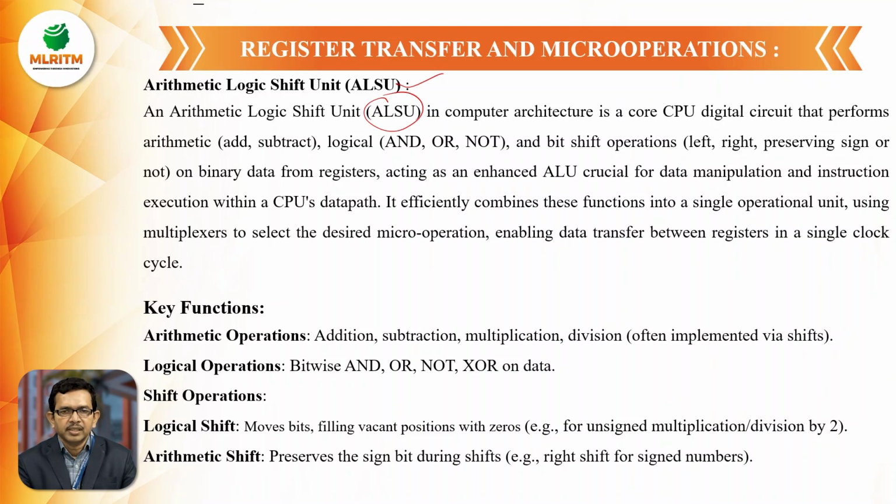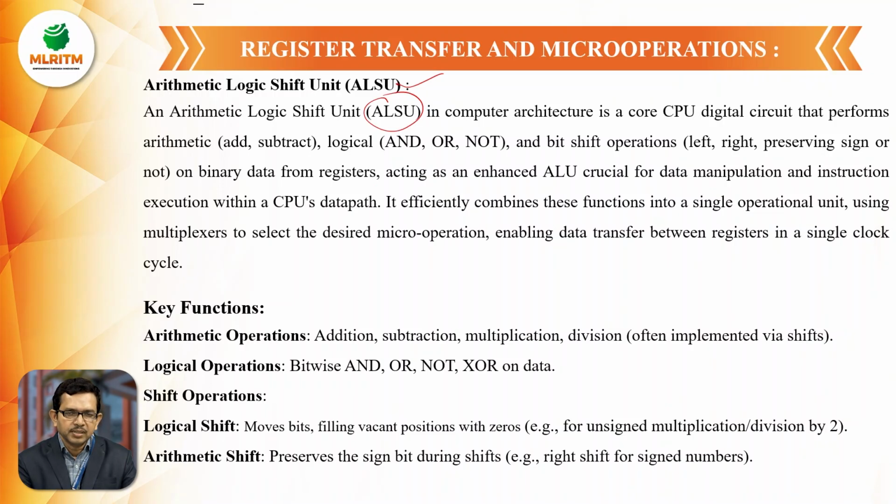When this ALSU gives us the output properly, only then is the output applied to the digital components. It is the digital circuit that performs arithmetic add and subtract, logical AND or NOT, and shift operations, left shift and right shift, on binary data in registers, acting as an enhanced ALU.